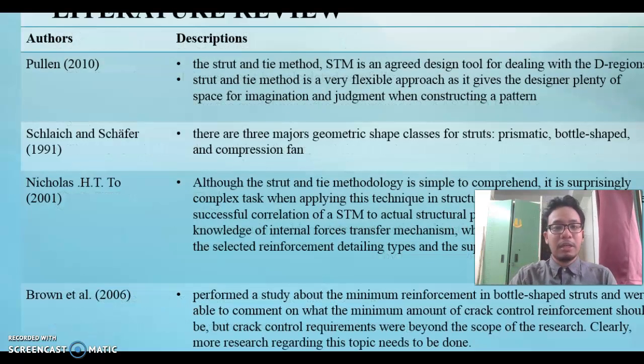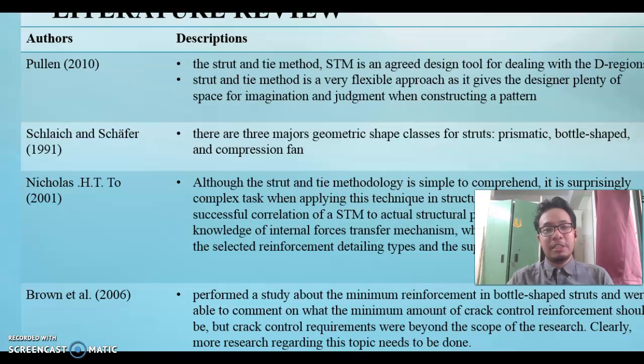For the literature review, there are several past researchers who have done studies about this strut and tie method. For example, according to Pullen 2010, the strut and tie method (STM) is an agreed design tool for dealing with D regions.